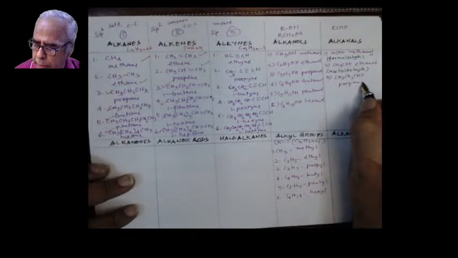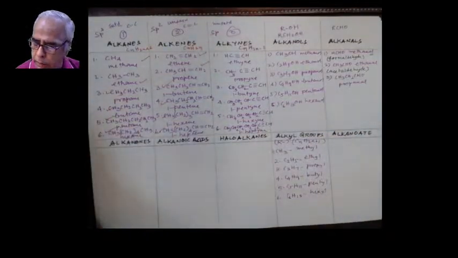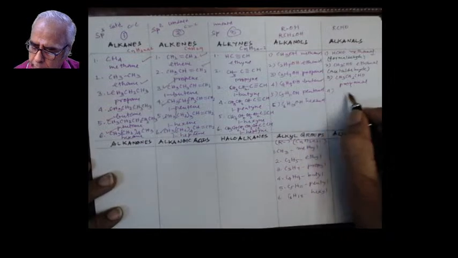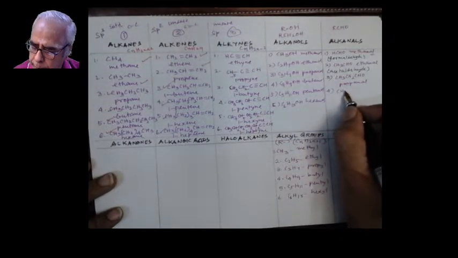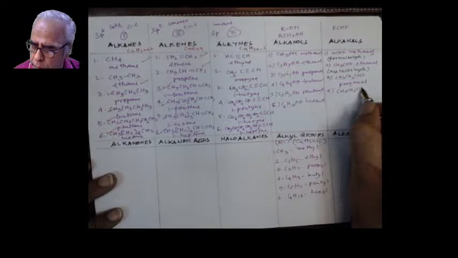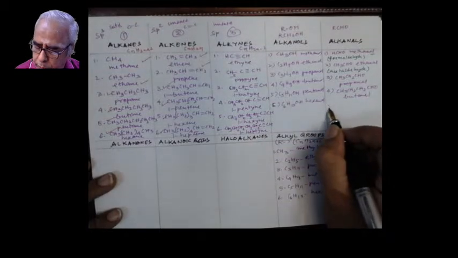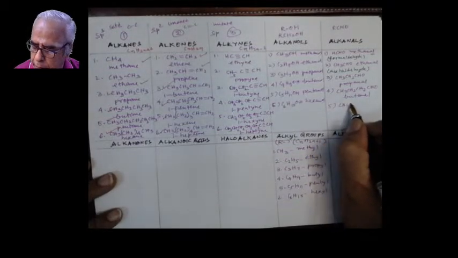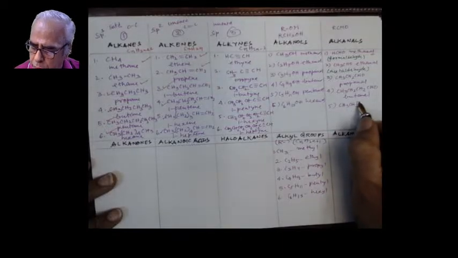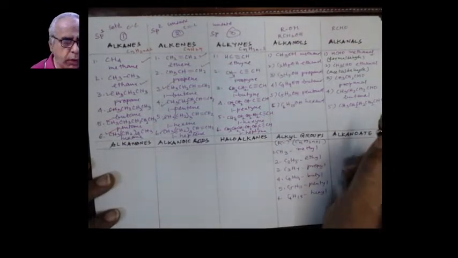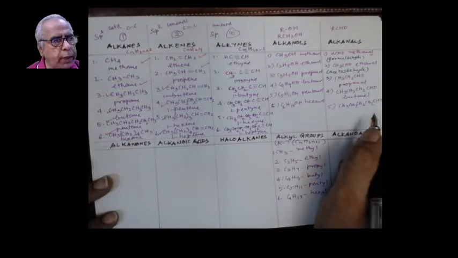Okay, so propanal. And butanal, CH3CH2CH2CHO. Butanal. Similarly CH3, CH2, CH2, CH2, 1, 2, 3, 4, and you have to include the CHO of the aldehyde group when you count the carbon atoms.